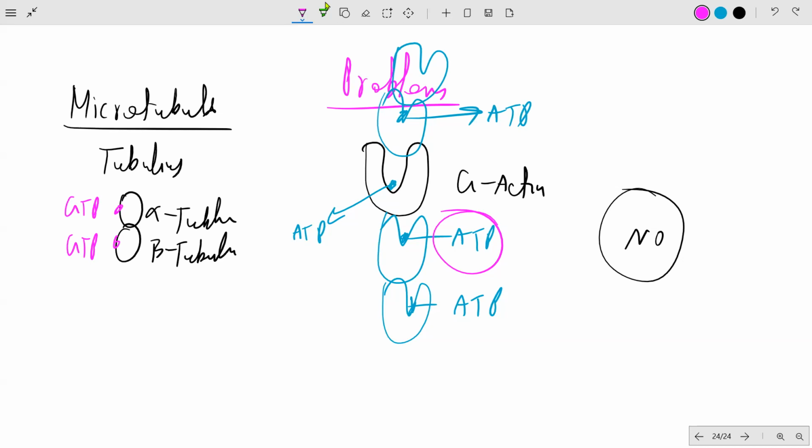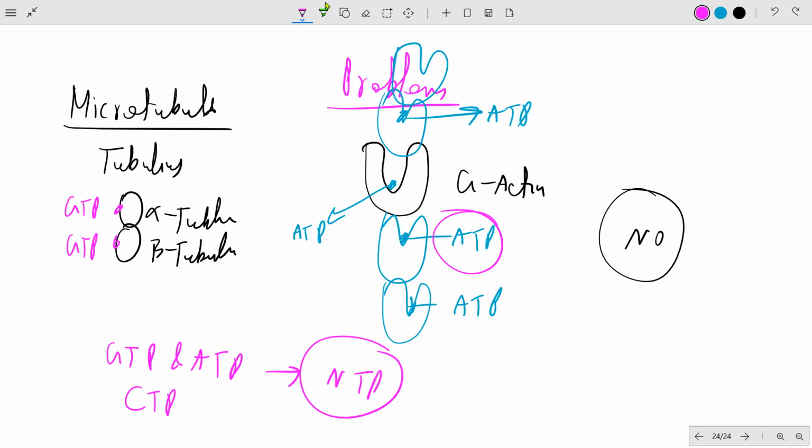Is this clear? तो actin binds and hydrolyzes ATP, tubulin binds and hydrolyzes GTP. ठीक है, now the question is, what we have seen, कि अब मैं बार बार ATP बोलूं, मैं बार बार GTP बोलूं, this will create a confusion. तो we know GTP and ATP, they can both be called as NTP, nucleotide triphosphate. Adenosine भी nucleotide है, guanosine भी nucleotide है। तो both of them I can simply call them as NTP, या CTP, कुछ भी बोल दो, plants में CTP भी होता है। तो मैं ATP की जगह क्या बोलूंगा?